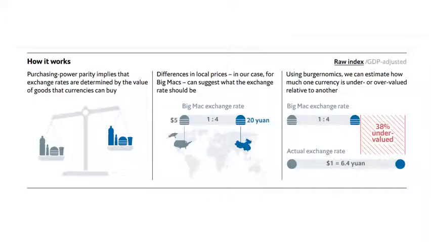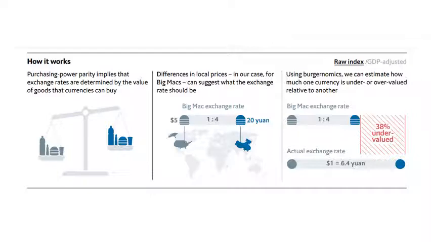So here's a nice slide that explains the idea behind purchasing power parity and what that implies about exchange rates. The idea with purchasing power parity is that it measures the value of a basket of goods in one country versus the affordability of that same basket of goods in another country.